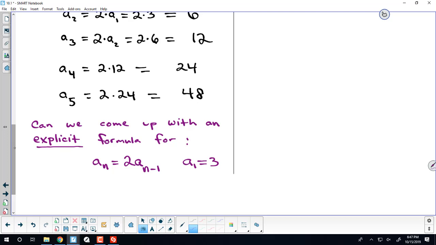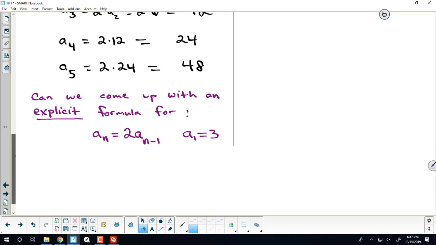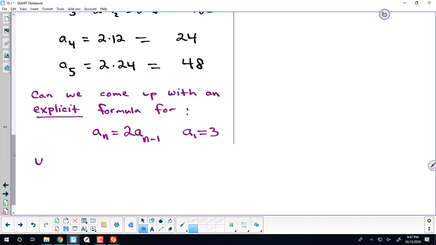So we can sit here and just try to figure out the pattern, or I'll just write one out. So we can explicitly define the nth term as 3 times 2 to the power of n minus 1.